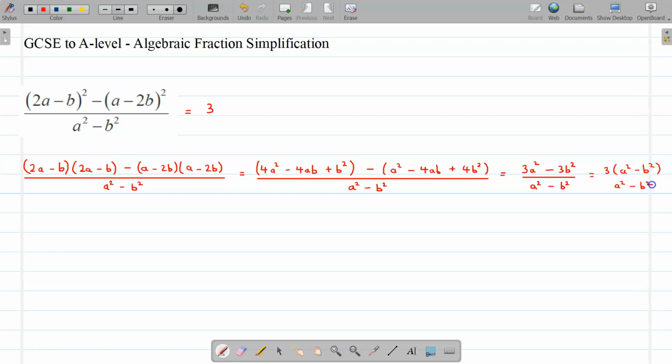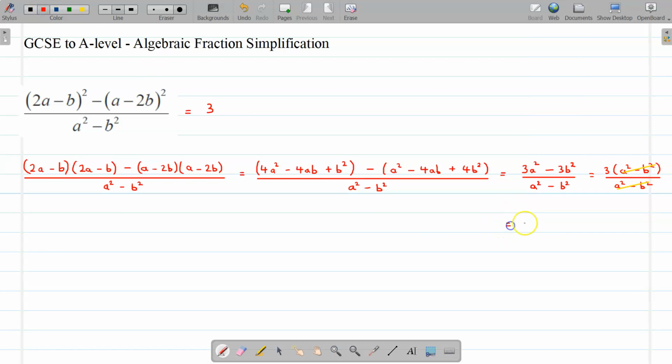Because the numerator and denominator contain a common factor of a squared minus b squared, I could just cancel them out. a squared minus b squared divided by a squared minus b squared is 1. And lo and behold, I'm simply left with the number 3. So the answer is in fact 3 as required.